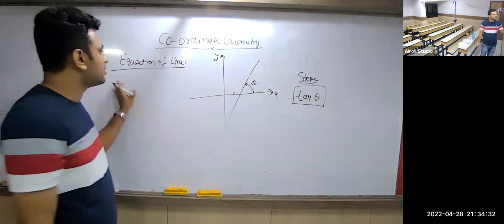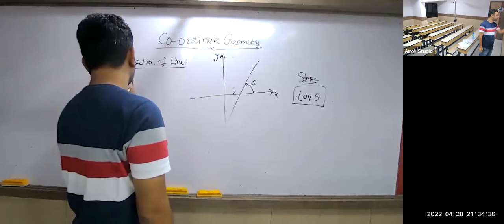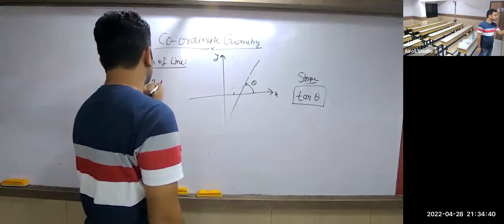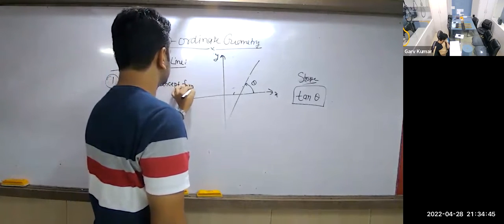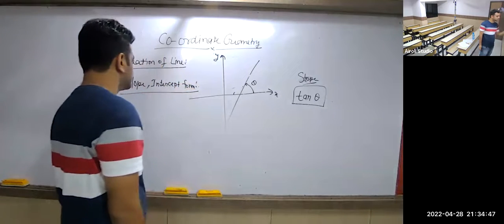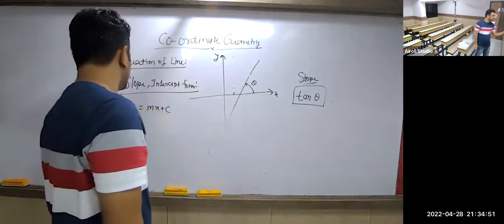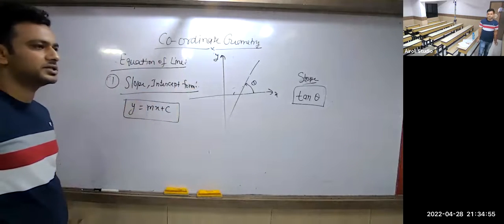The first form of the equation of a line is the slope intercept form. The equation of the line will be y equals mx plus c.